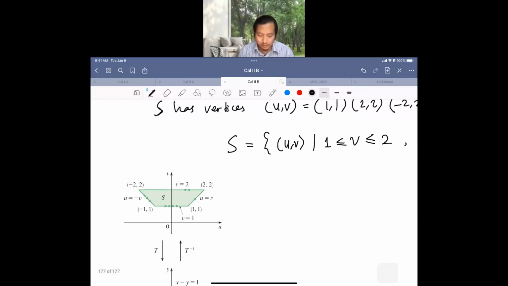And we have relations also here. V is from 1 to 2, and the rest are the line equations for each side.